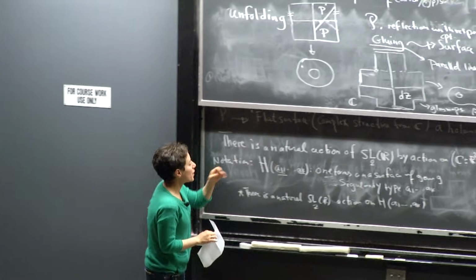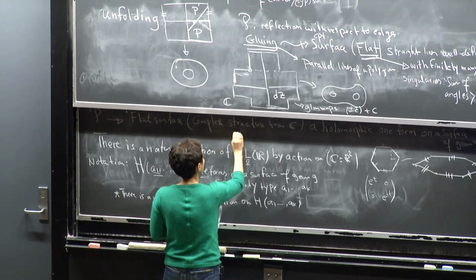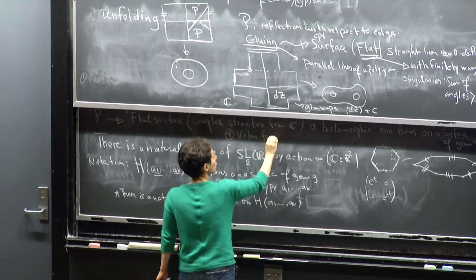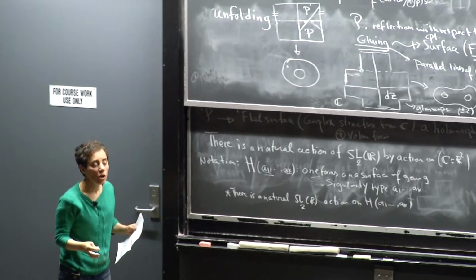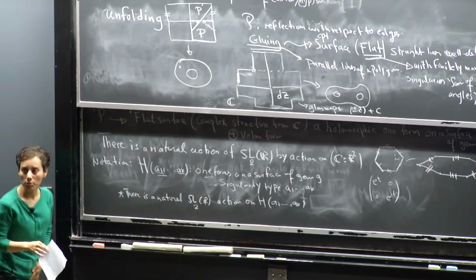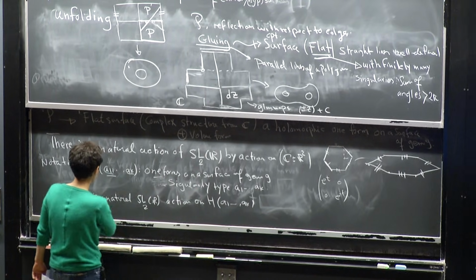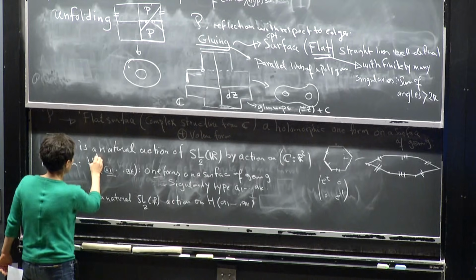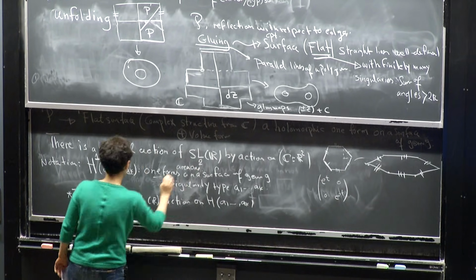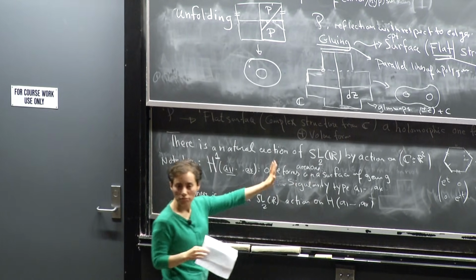If you have this kind of flat structure, it has a volume form, which comes from the canonical volume form on R2. So if you multiply your holomorphic one form by 10, the area is multiplied by 100. So it's natural to look at the one forms with area 1, and SL2R, because it's area preserving, preserves this.